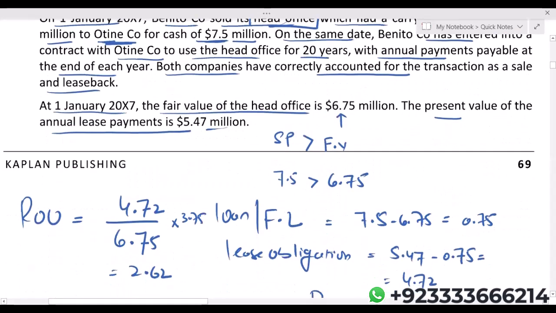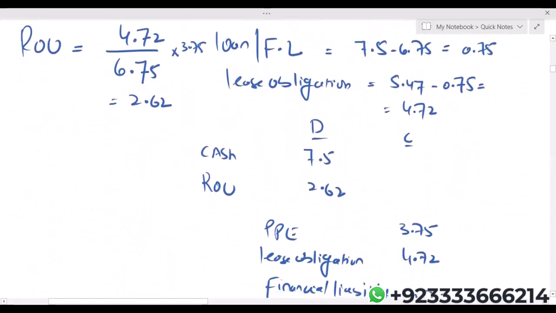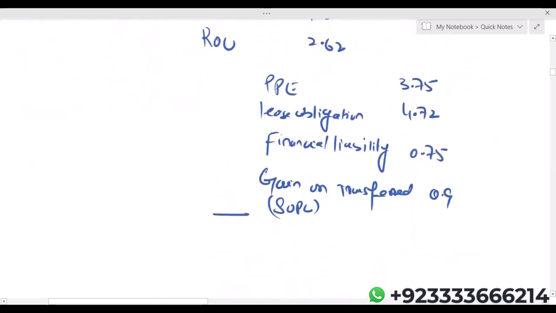This is the scenario number 1. The scenario number 2. Can I say in the scenario number 2 when sale is not sale, when the transfer of head office is not qualifying as sale, in that case, whatever consideration we have received, it will be treated as a financial liability.